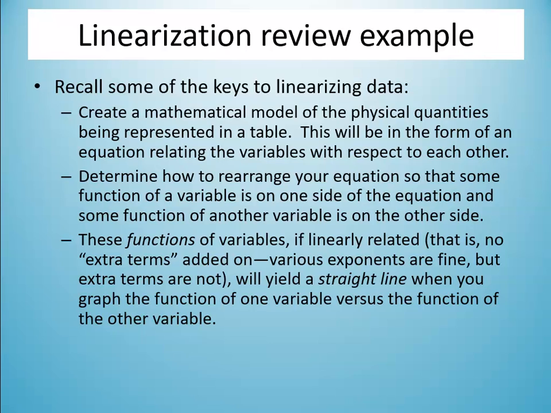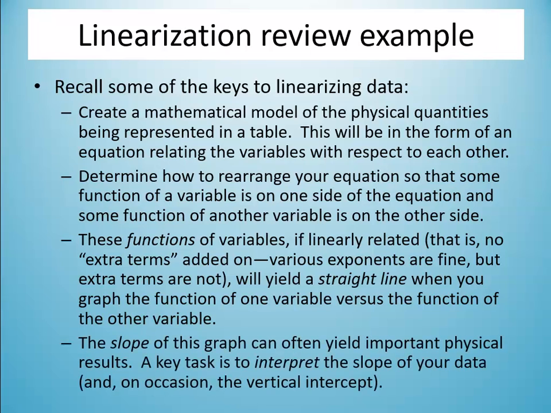So therefore mass would be equal to 2 times the slope. So that's what we're talking about by turning these functions of variables into things that are linearly related. And then the slope of that graph is going to be used to determine whatever you're going to determine.